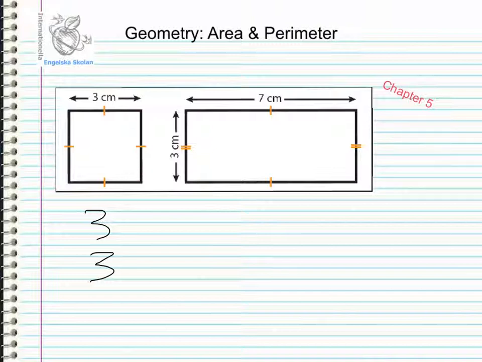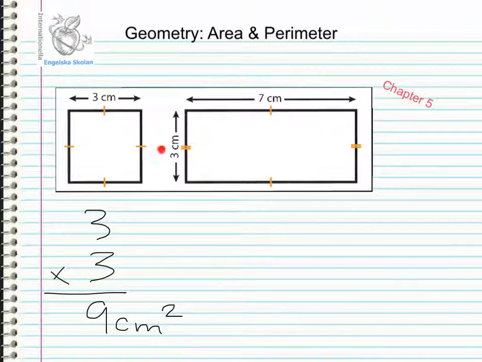If we multiply those together, we get 9, and then we have to include our unit of measurement. So our answer for the area for the first shape is 9 centimetres squared.